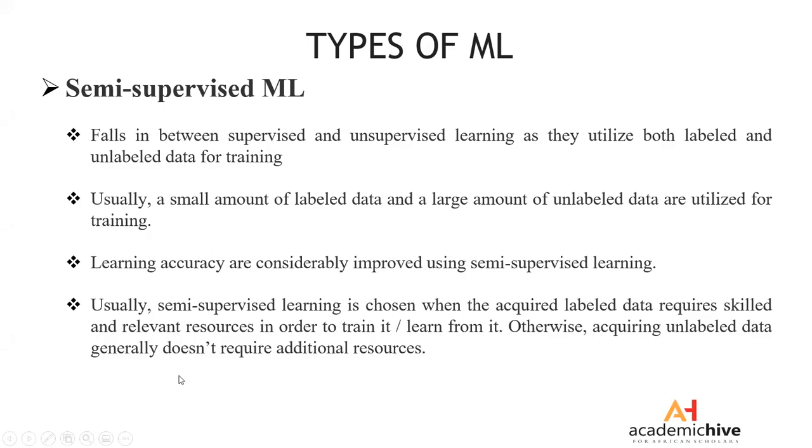What we mean here is that when you have unlabeled data, you usually don't require additional resources to process the data using relevant machine learning models. But semi-supervised learning is chosen when the labeled data requires some skills and relevant resources to help its training process.